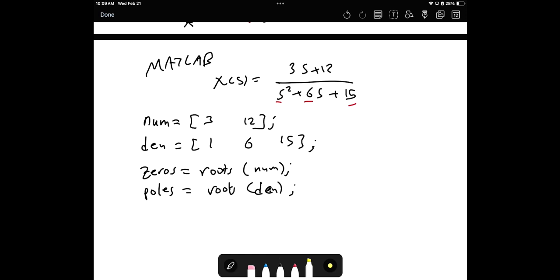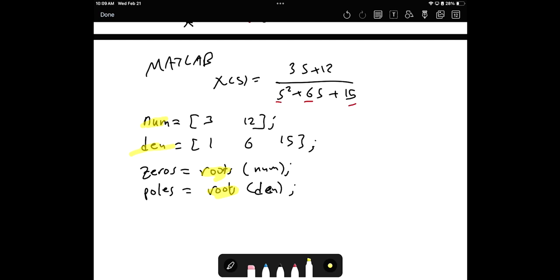So just keep in mind there is a roots function, and how you define it, and that's it. You can use this code not only to find poles and zeros, but to find the roots of any polynomial that you have, which makes your life easier. I don't need to use the calculator or other stuff, because MATLAB can do the whole job.